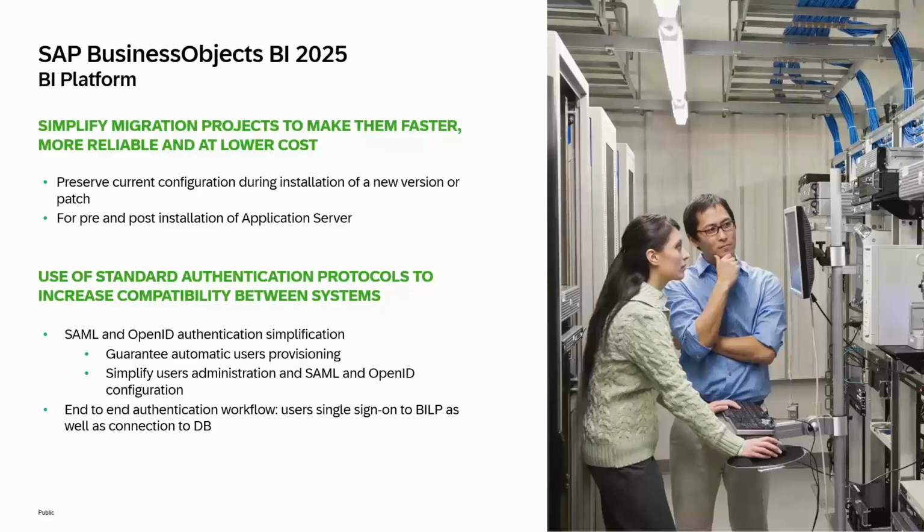We know that you often have a complex landscape, and you are asking us to support the latest standards in terms of authentication. So here as well, we've made some improvements.